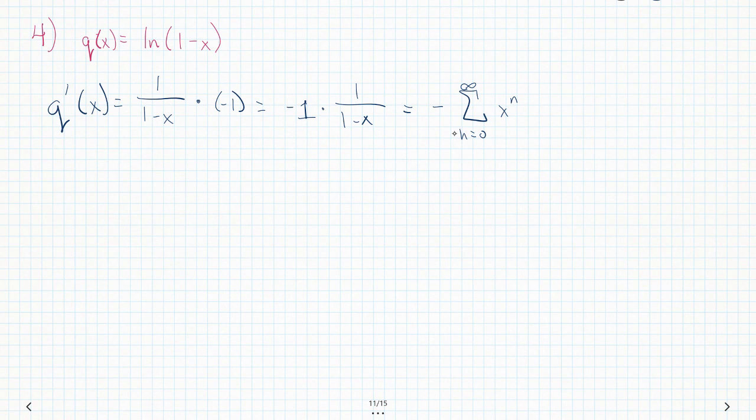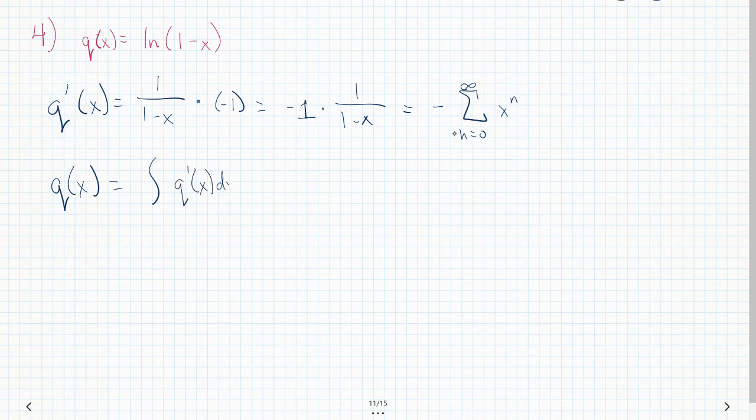So far so good on that part? Because here's where things get kind of crazy. So I can pull the negative symbol in, but notice it's not a -1 to the n. It's just a negative symbol out in front of that. But if we want q of x, notice that would equal something similar. We'll be careful here. I'm going to write q prime of x dx, but that's not completely true.